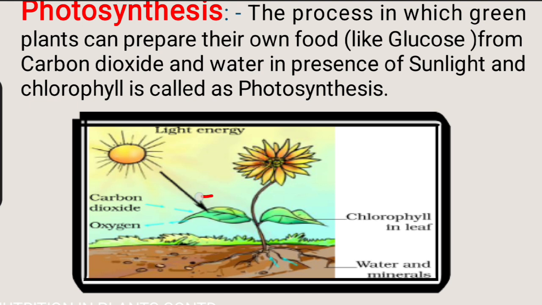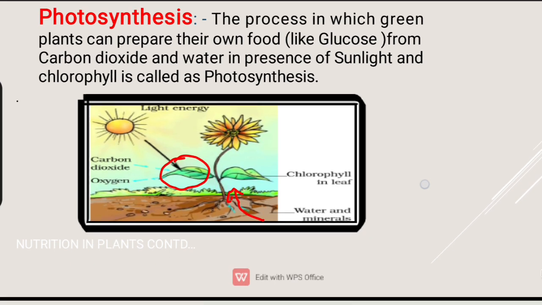The chlorophyll is present in the green part of the leaf, and they absorb the sunlight and carbon dioxide, and water and minerals through the roots. And here the photosynthesis process is done, and by this photosynthesis the food is obtained.